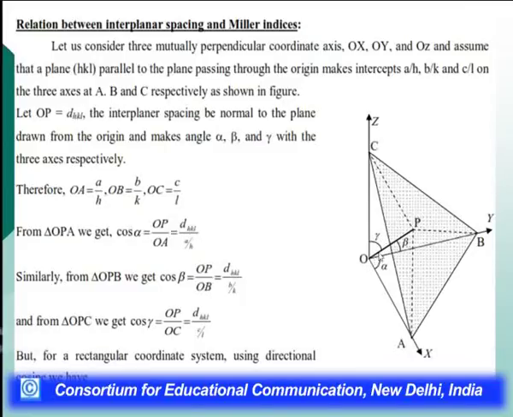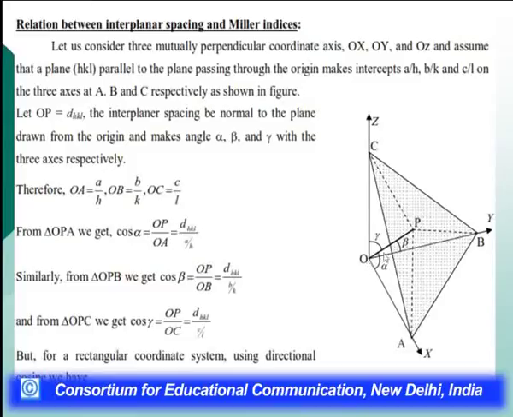It means this perpendicular makes the three angles alpha, beta, gamma along the x, y and z axes respectively. Then we define OA. What is OA? For OA we consider the right angle triangle OPA, and we can calculate OA is equal to A by H. This point is cut at A by H.